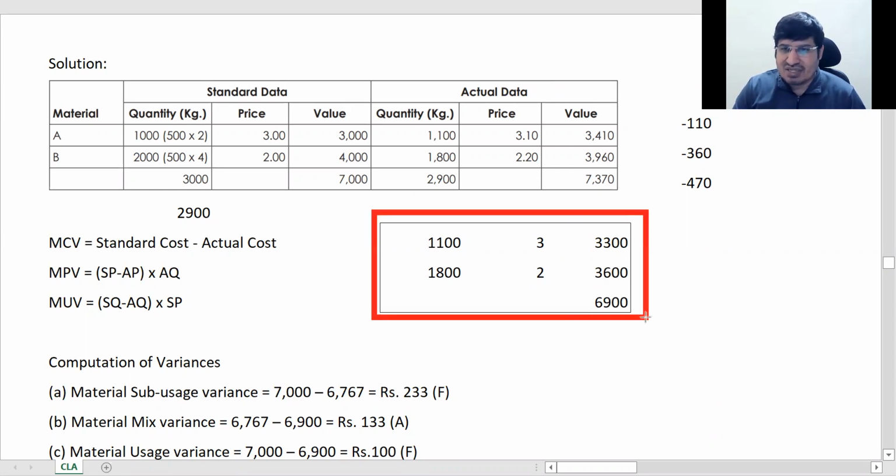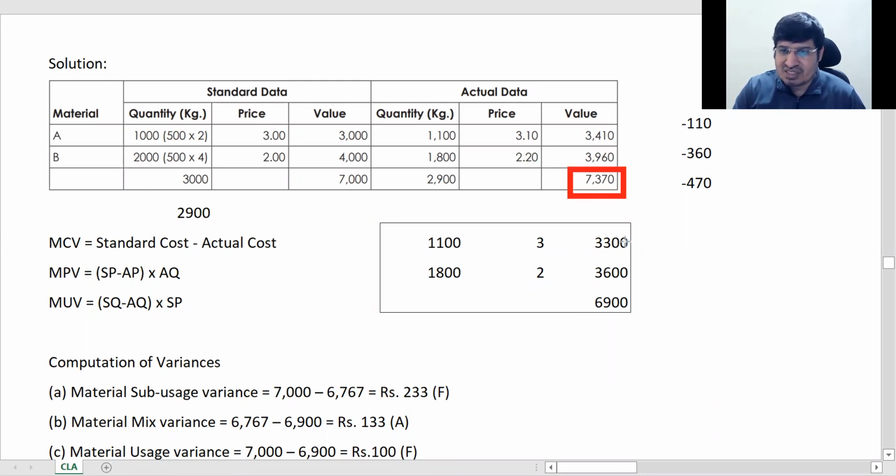Okay, so that means that now the difference, that is this and this, the difference between this and this, can be called as price variance. So this much is the only extra price which we paid. Okay, in price variance we always multiply by actual quantity, because you pay extra price only for the quantity you buy, right?